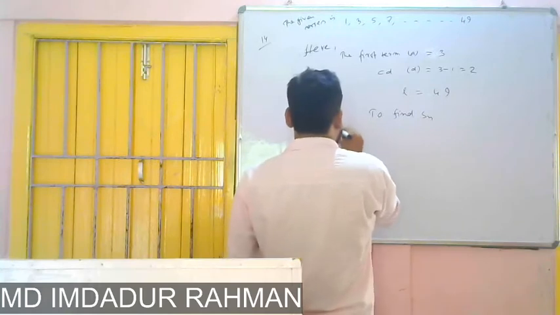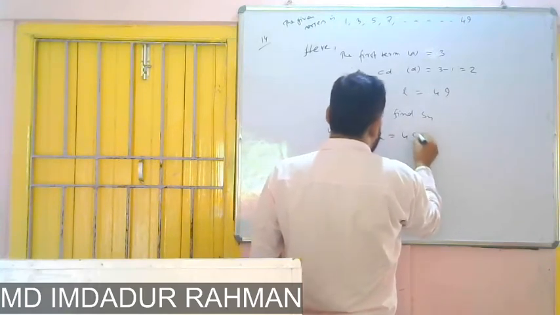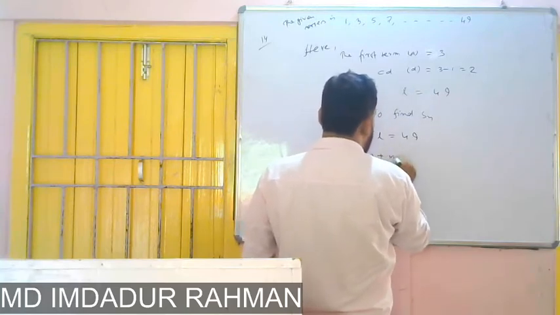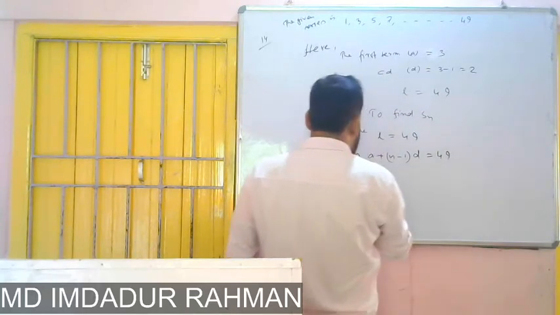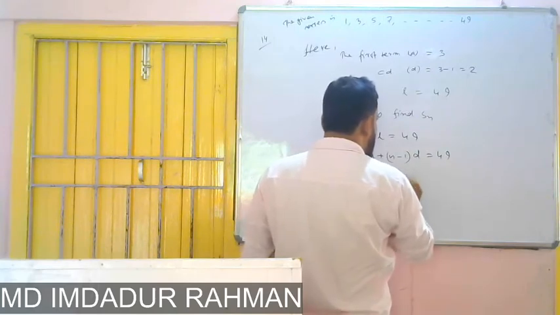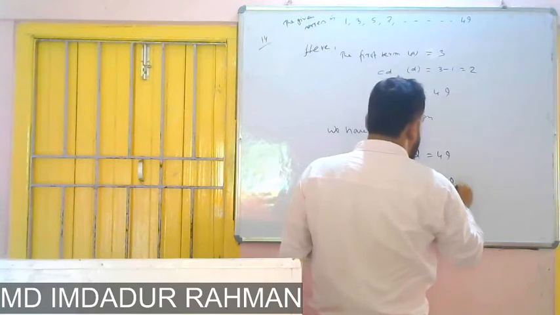So we have L is equal to 49. Using the formula of L, a plus n minus 1 into d is equal to 49. What is the value of a? A is 1 plus n minus 1 into d. What is d? D is 2, equal to 49.